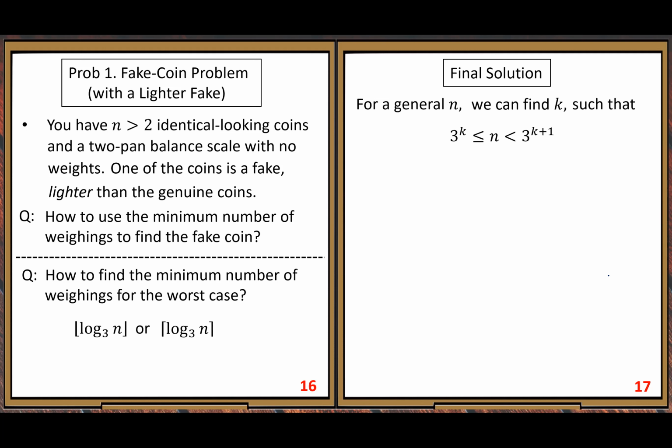N is greater than or equal to 3 to the Kth power, but strictly less than 3 to the K plus 1. The question: can we do this all the time? Is it possible that we can always find such a K, with N between these two powers?